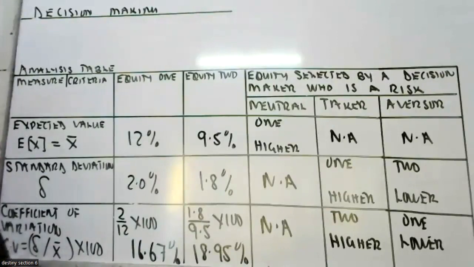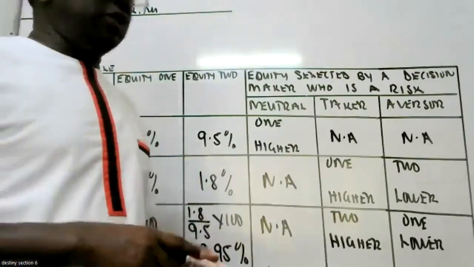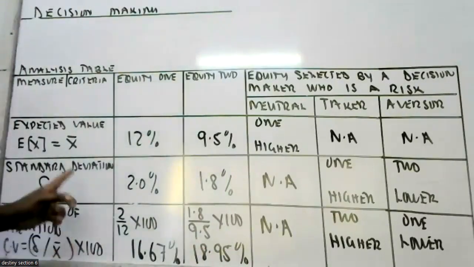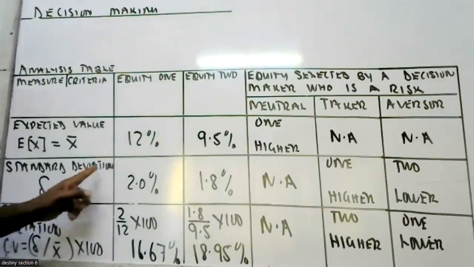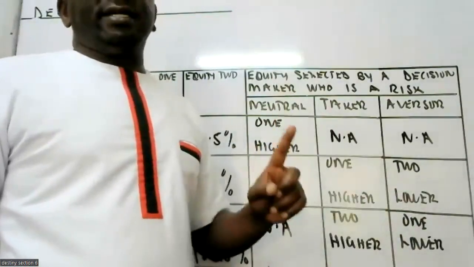So you can see what we have done. We have made our decision based on what we are calling coefficient of variation. But remember, I've also been saying that standard deviation is a measure of risk. And here, the two measures are contradicting.